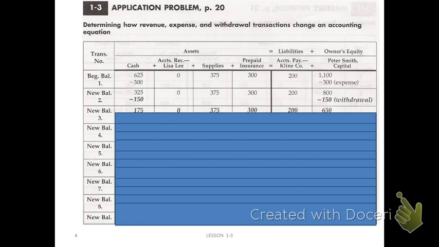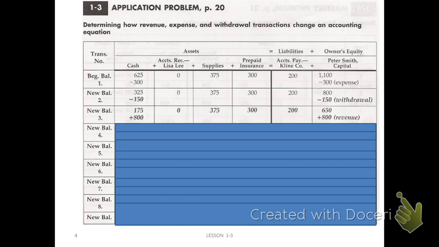Moving on to transaction 3, received cash from sales for $800. Received cash, that's an increase to cash. It says it's from sales, that's the form of revenue that will increase our capital. So let's show our cash increasing by $800, our capital also increasing by $800 in the form of revenue because it was a sale.